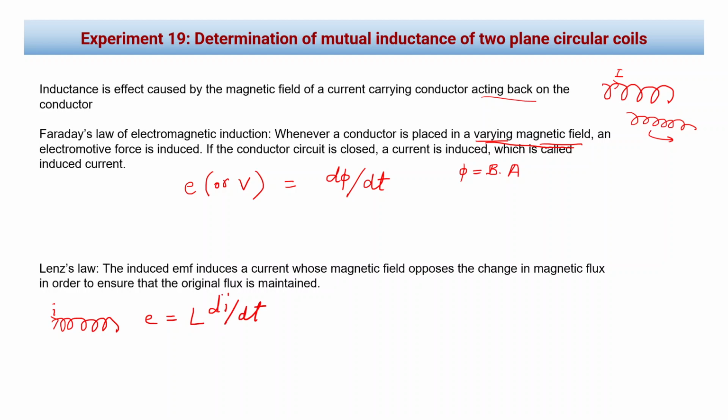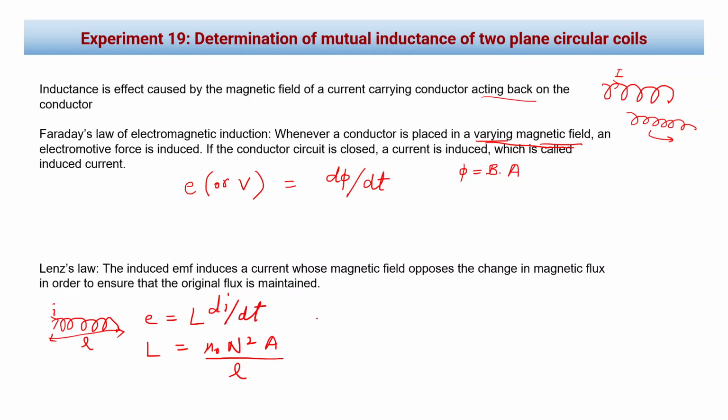This we discussed last time. The inductance is given by mu naught n square A divided by l, where n is the number of turns in the coil, A is the area of cross section, and the length of the coil is small l. So this is related to a single inductor.